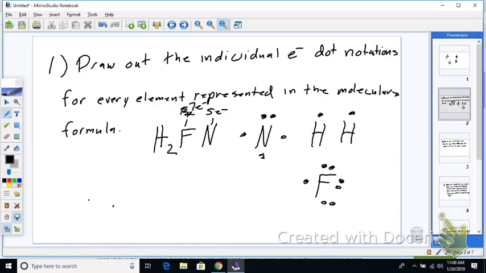And for hydrogen, there's a total of 2 electrons, 1 each. So I add those all up, and I get 14. If I count all these dots up, I get 14. So sometimes students will just know how many they count across, and that represents how many valence electrons we have. So these are valence electrons that are involved in bonding between each other.